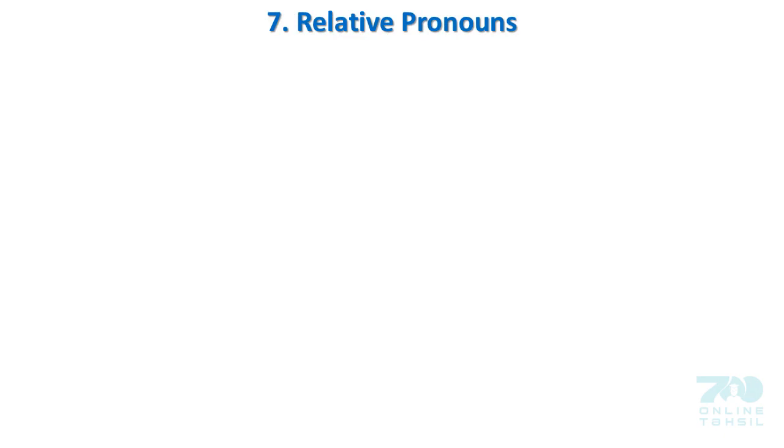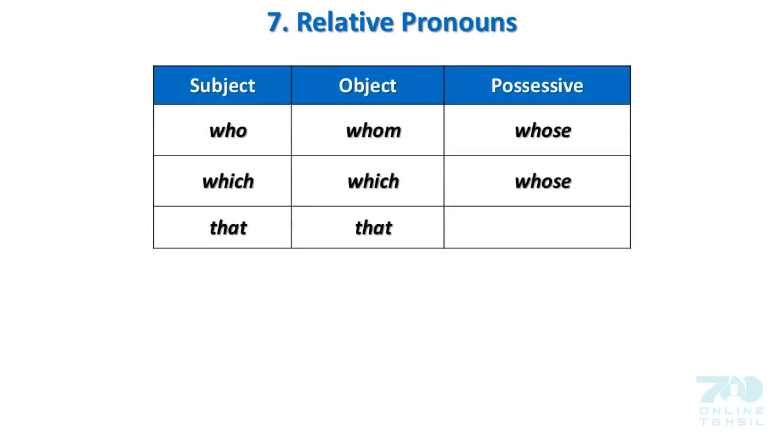7. Relative pronouns. The relative pronouns are: subject, who; object, whom; possessive, whose. Subject, which; object, which; possessive, whose.